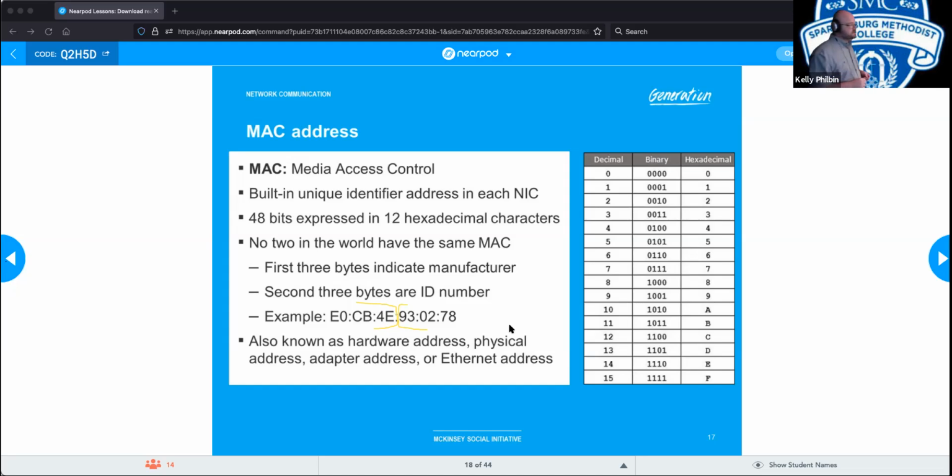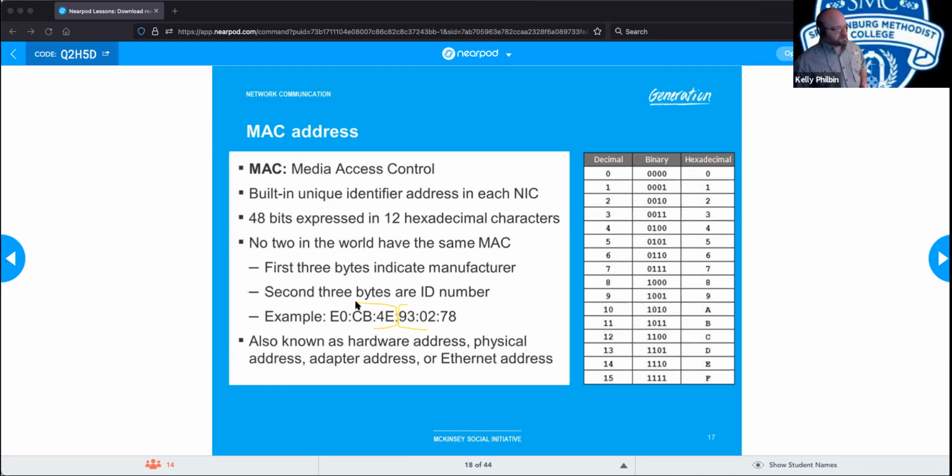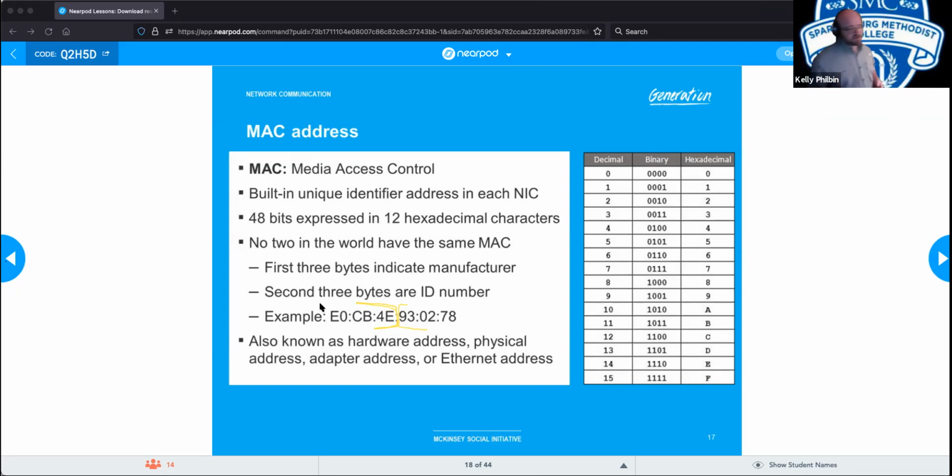Yes, Evan. So each manufacturer has its own MAC address? Each manufacturer will utilize the first 3 bytes of that MAC address, which will point you to it. That could be based off a model number, because there aren't 20,000 manufacturers of devices.